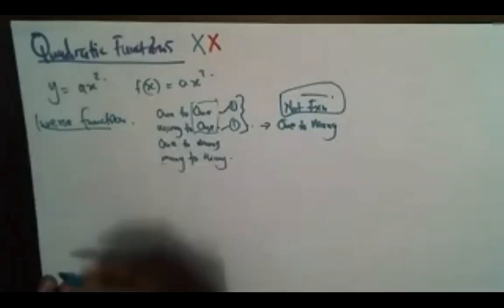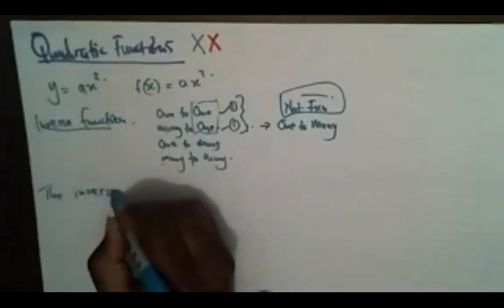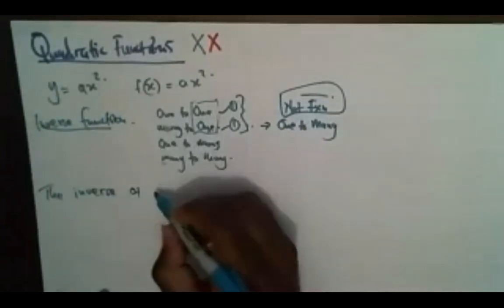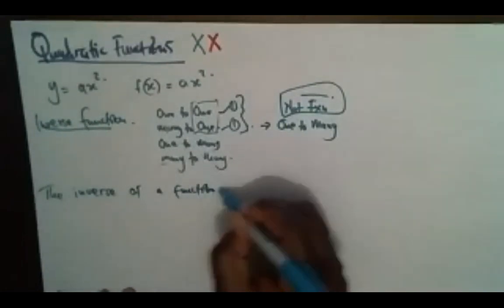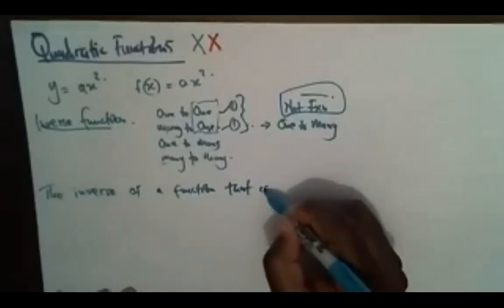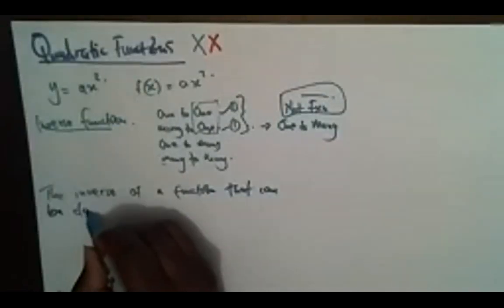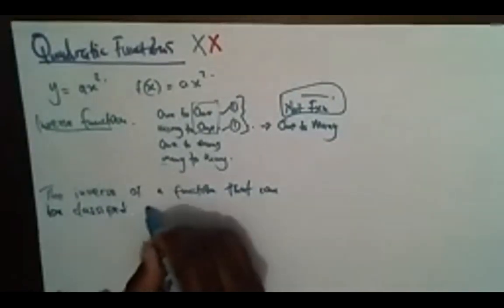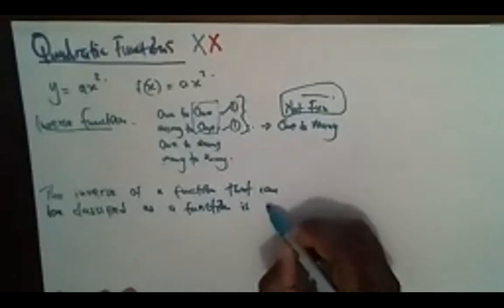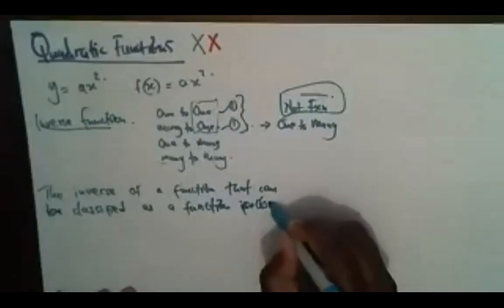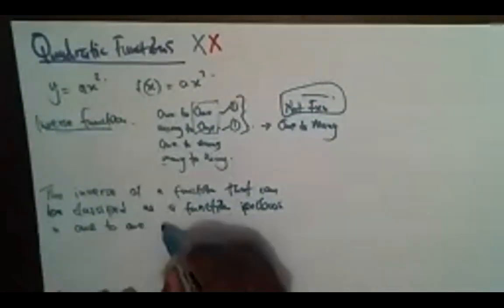So now we can write it nicely, in my own language: the inverse of a function that can be classified as a function as well follows a one-to-one mapping.